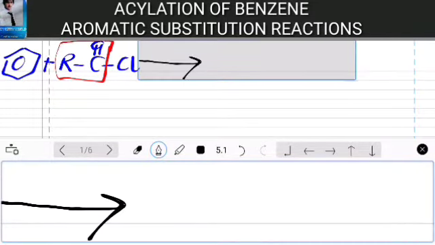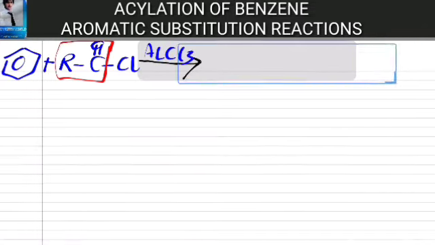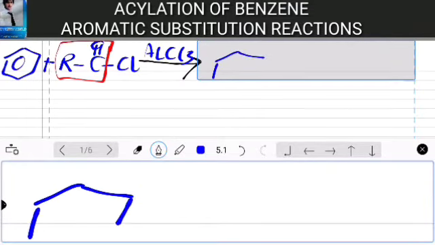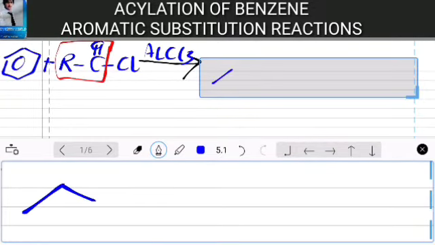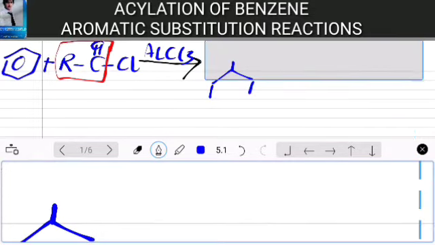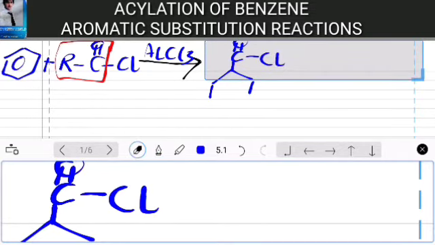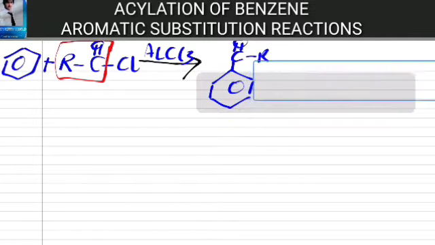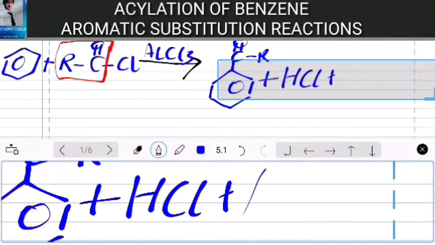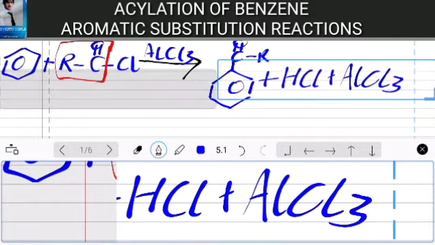For further proceeding of this reaction we also use a catalyst, commonly AlCl3, and our product is the acyl group on top of benzene, here C double bond O, and here we have R, plus HCl plus AlCl3. The catalyst returned to its original position.